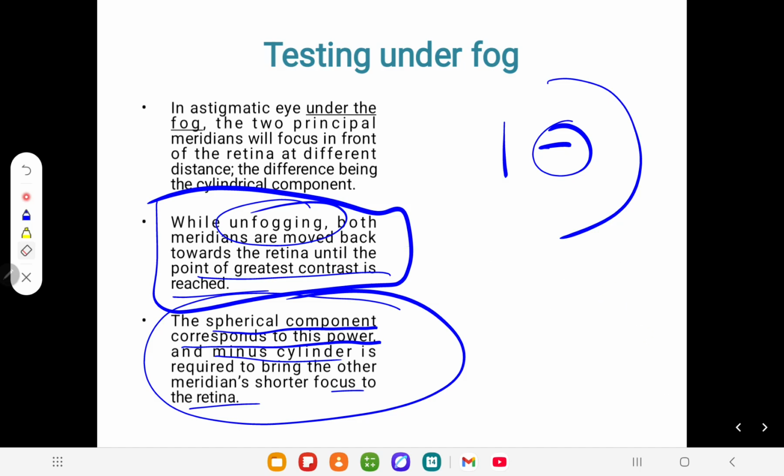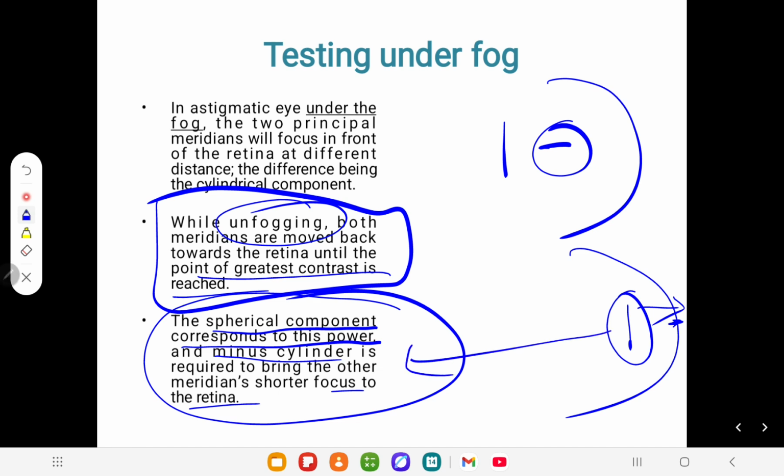One meridian is already on the retina by unfogging slowly. Another meridian we have to put back to the retina, and from line focus or Sturm's conoid we have to make it a simple point focus. For this we need a minus cylindrical lens.